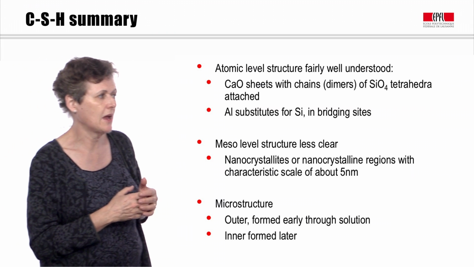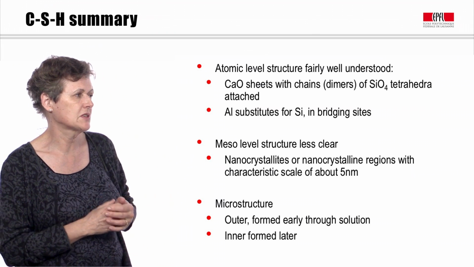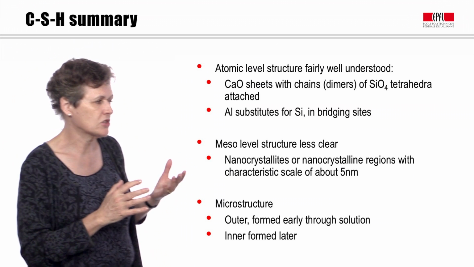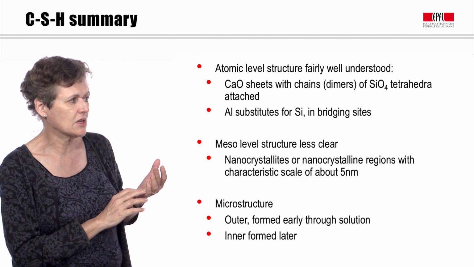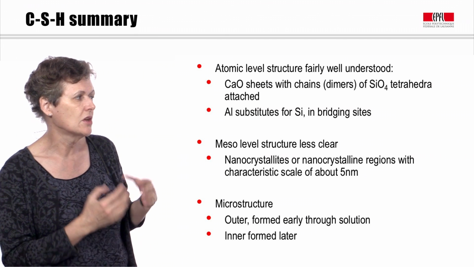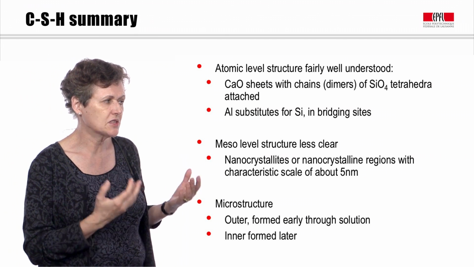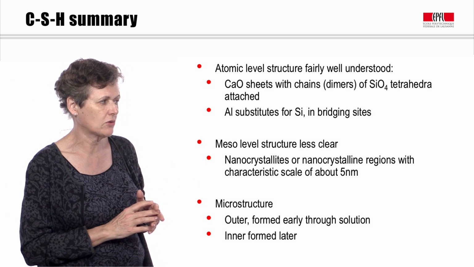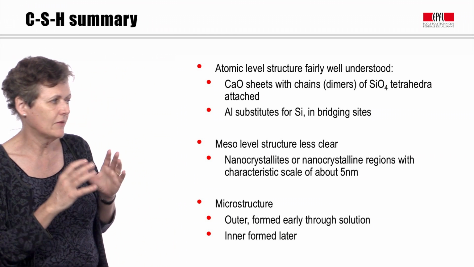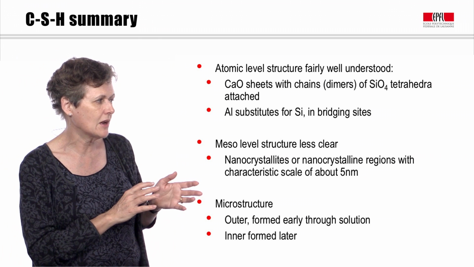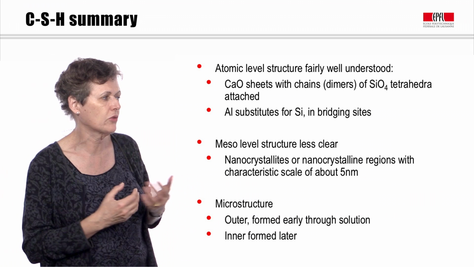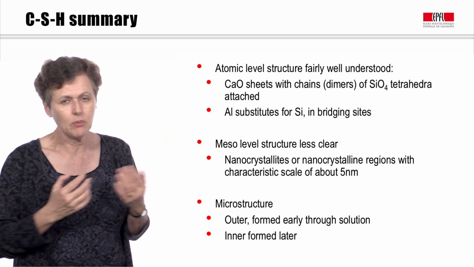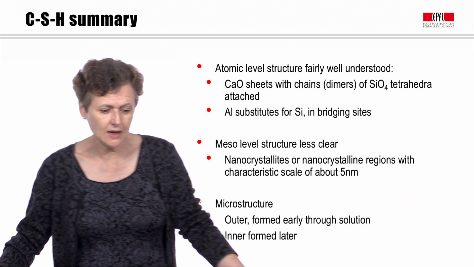And then we also may have aluminium substitution for silicon in the bridging site. For the mesostructure, we still have some open questions. We have either nanocrystallites or nanocrystalline regions with a characteristic size of somewhere in the region of 5 microns. And finally, in the microstructure, we can clearly identify what we call outer product, which forms early through solution, and then the inner product, which forms at later times.